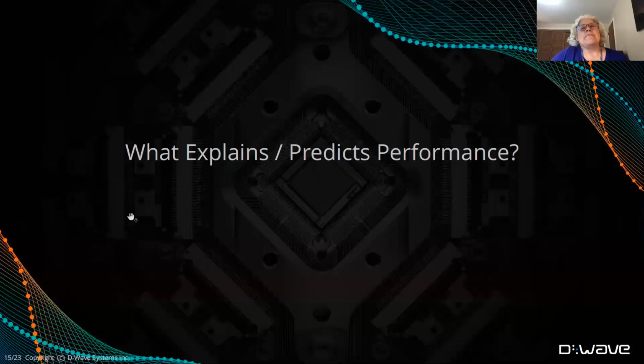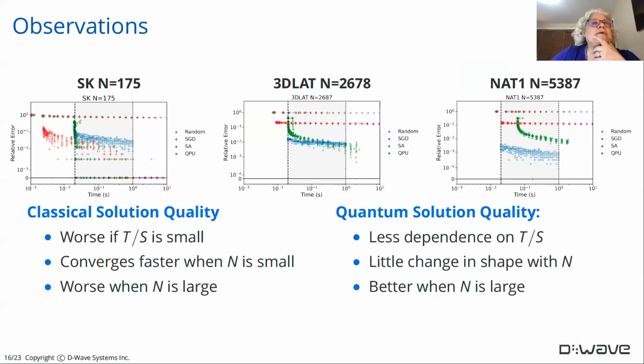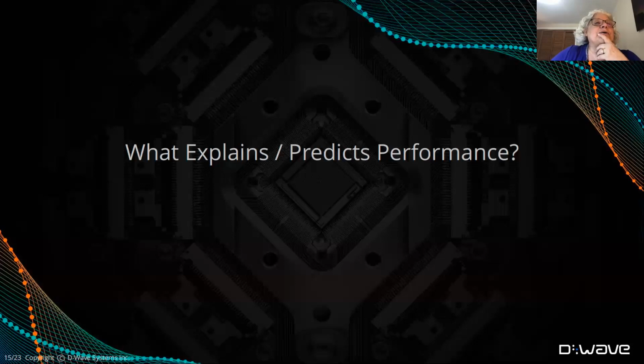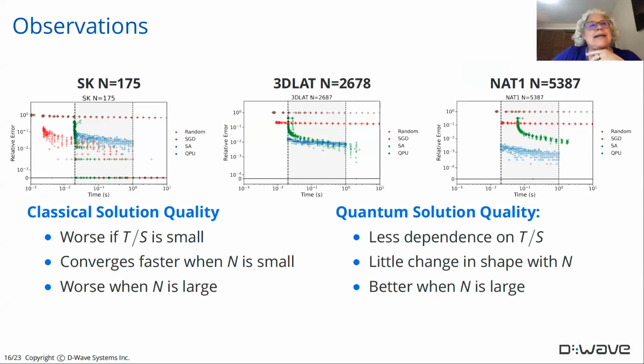Think about that, because that was disconcerting when we first observed this about a year ago. So what would explain the idea that classical solution quality gets worse if time per solution is small?